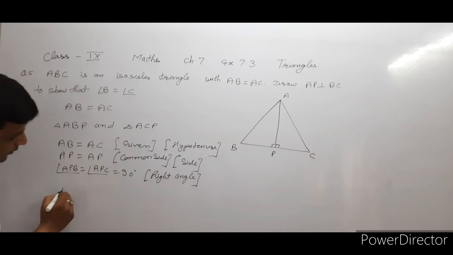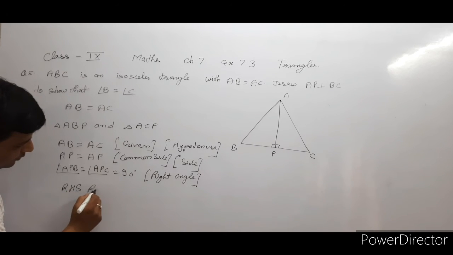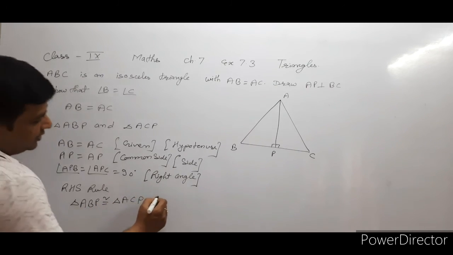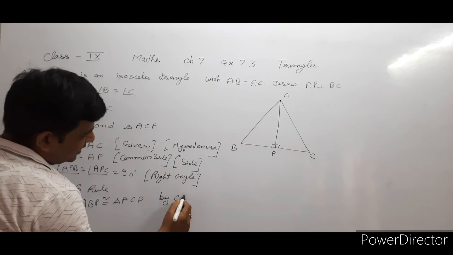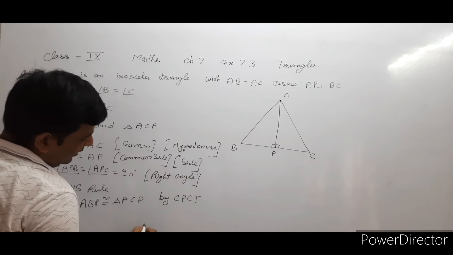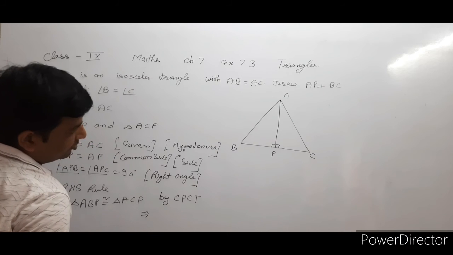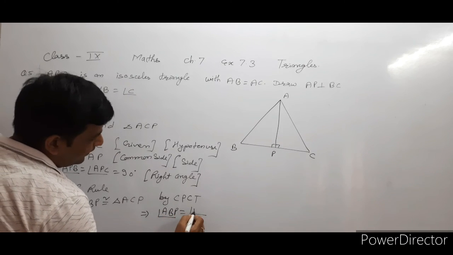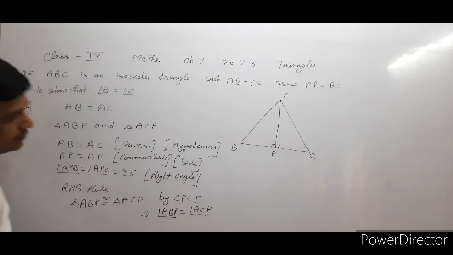So by RHS property or RHS rule, triangle ABP is congruent to triangle ACP, and if these two triangles are congruent, then by CPCT, corresponding parts of congruent triangles, we can write angle ABP is equal to angle ACP. That is our question number 5.